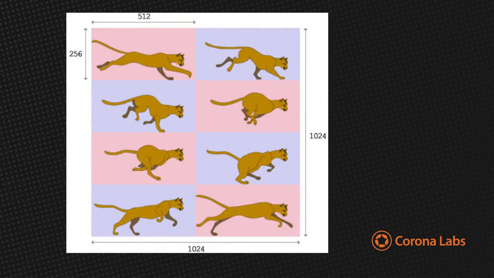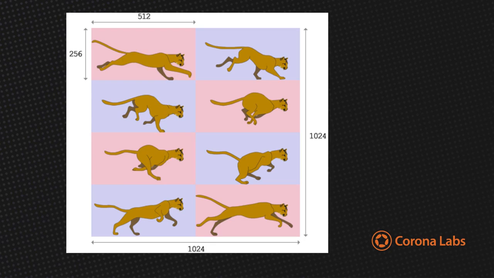Imagine it as a sheet of paper on which you draw the individual frames of your animated objects. Texture atlas, image map, or sprite sheet are also familiar terms you may have heard of. In Corona, it's simply referred to as an image sheet because its usage is not limited to either static or animated objects.